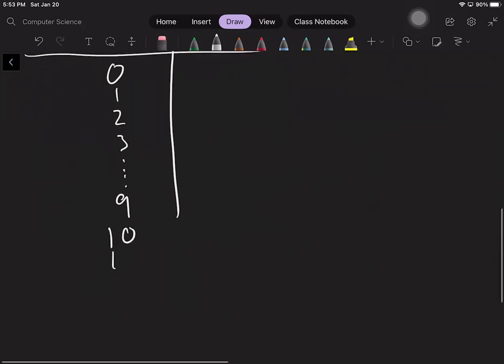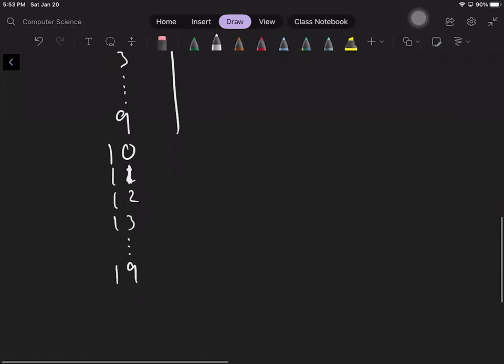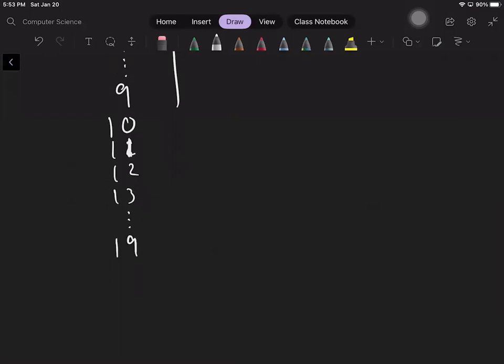And then the first digit goes up by 1 again until you get to the last symbol, which is a 9. And then when it gets to the end, you reset it to 0. Then the next digit goes up by 1, so now it goes up to 2.